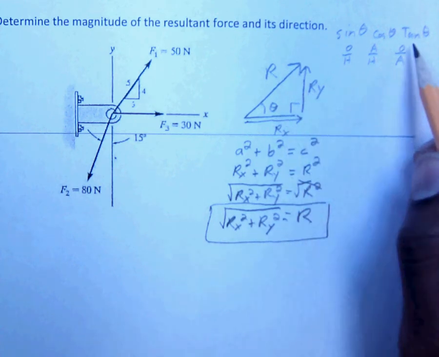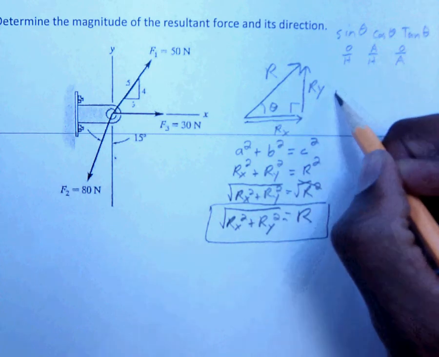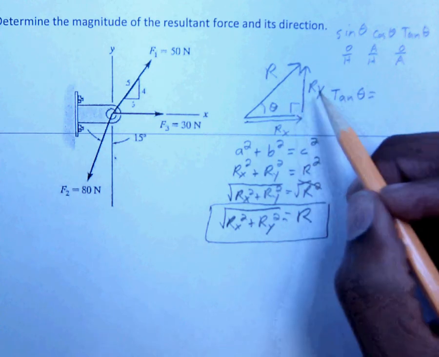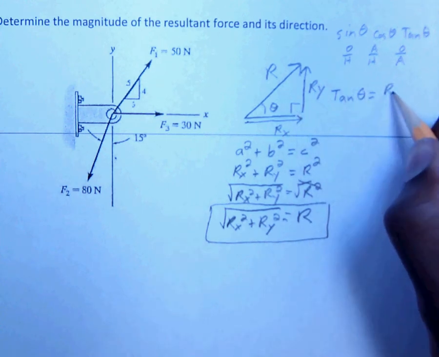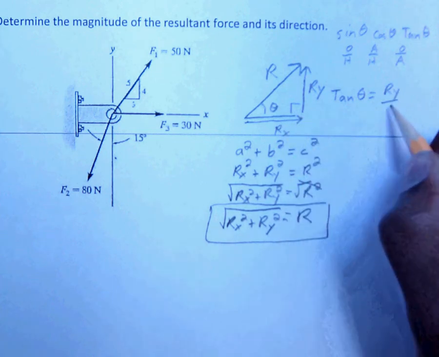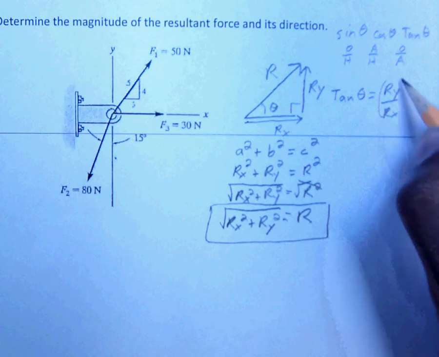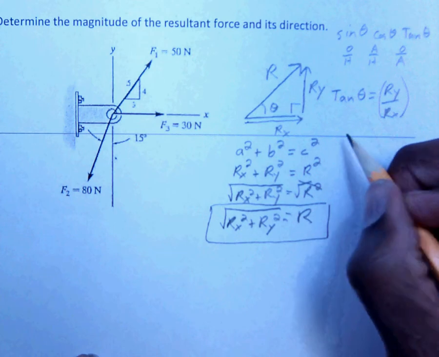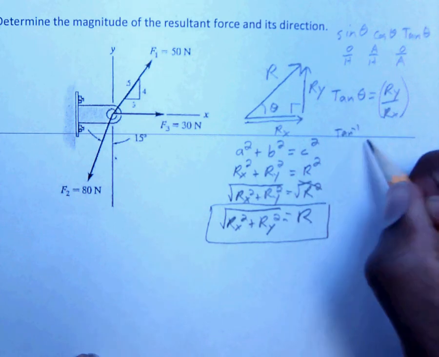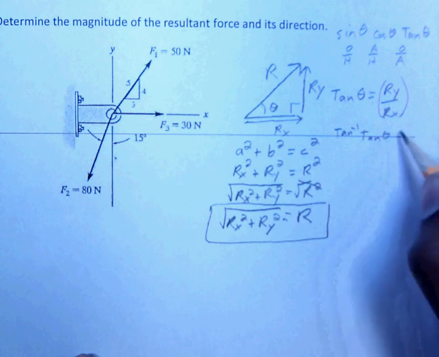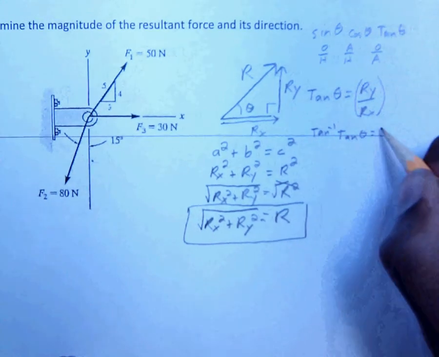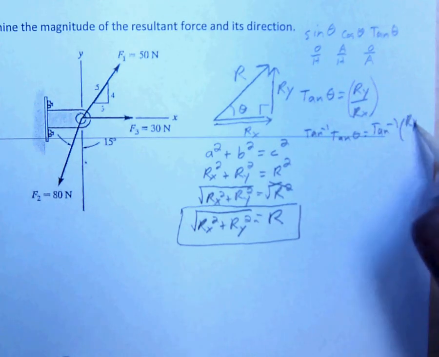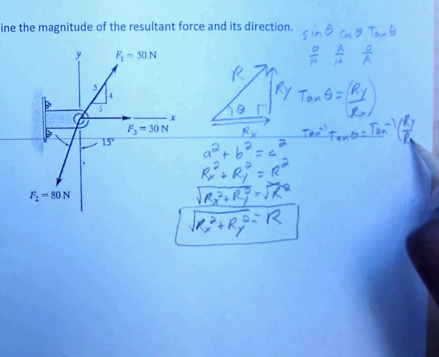So we're going to set up an equation using the tangent of our angle theta. Here's the equation: the tangent of theta equals opposite, which is Ry, over adjacent, which is Rx. To solve for the angle theta, we have to take the inverse tangent on both sides. So I take the tan inverse of the tangent of theta, and I also take the tan inverse of Ry over Rx.